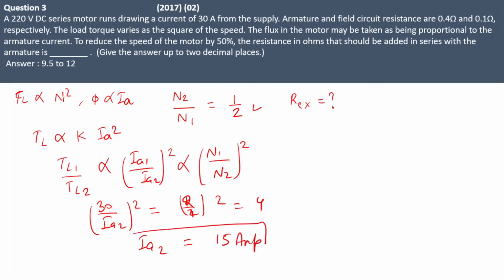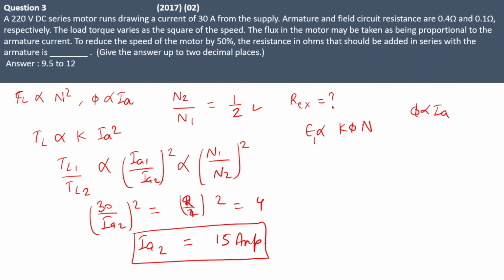So for this current you have to find out the back EMF. From the equation E directly proportional to K phi N or omega N, and phi directly proportional to the IA, you can easily find out the relationship between E1 and E2.